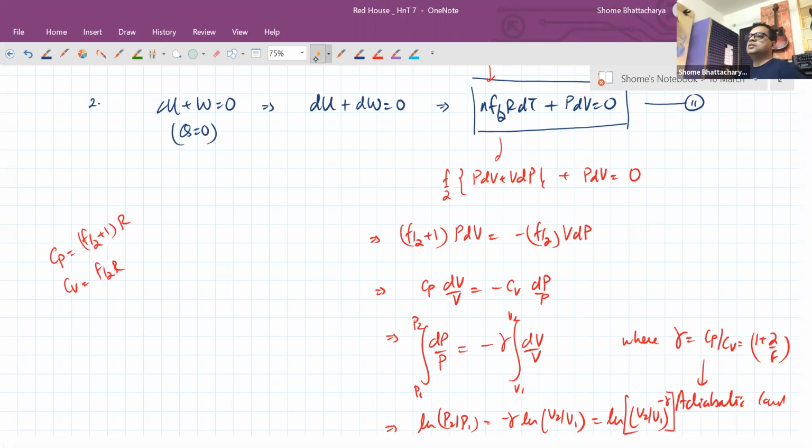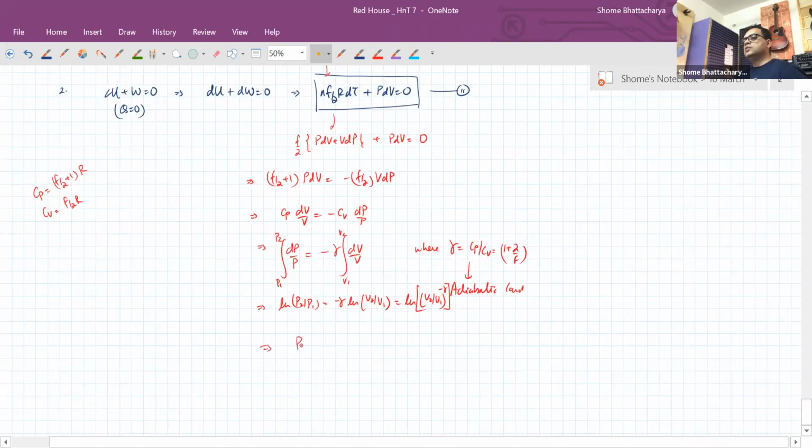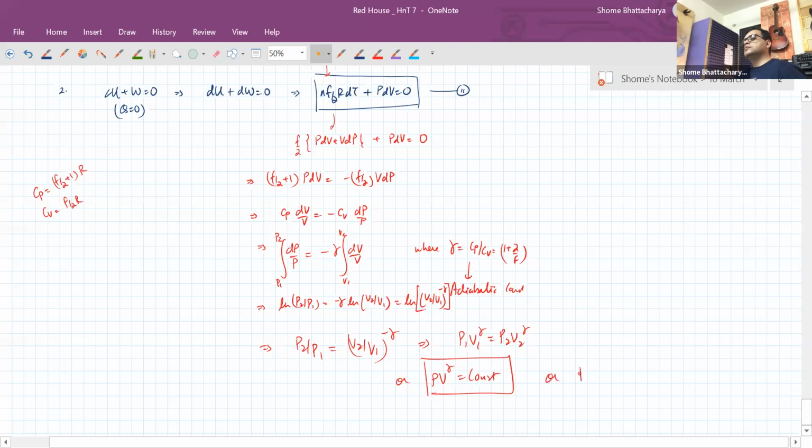This becomes a term like this, and from this we can see that P is inversely proportional to V to the power of the adiabatic constant.